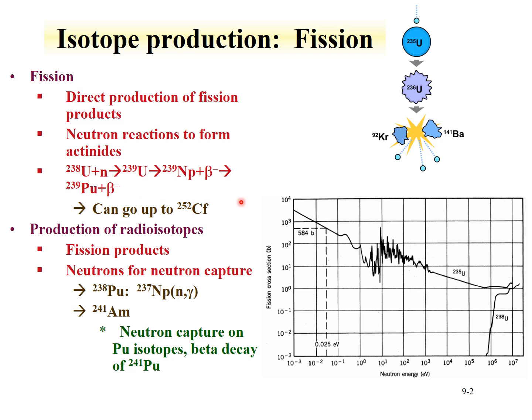So you can go all the way up to californium and isotopes such as californium-252 from this route, and we'll see that there are a few isotopes that we use, such as plutonium-238, which can be produced from the neutron capture of neptunium-237, and americium-241, which again is from the successive capture to plutonium-241 and then the beta decay plutonium-241 up to americium-241.